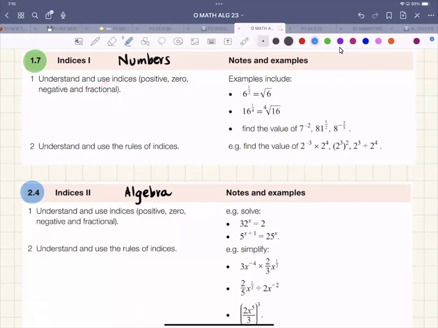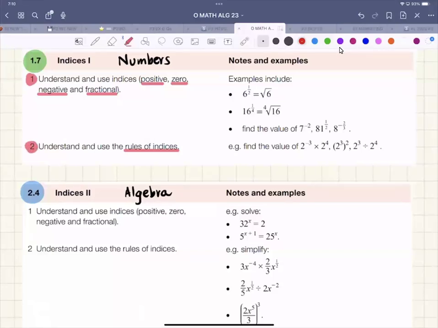So let me highlight this thing. That is positive, zero, negative and fractional. And these are the examples that are given. Understand and use the rules of indices. So these are the two things that are part of arithmetic, that is part of numbers.